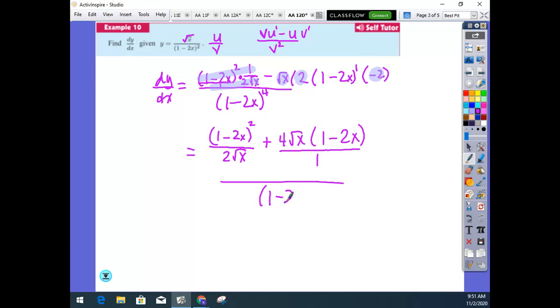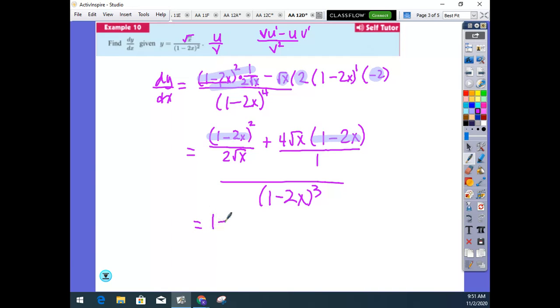All right, so there's a few different things we can do at this point. What the book does is they notice there's a GCF of 1 minus 2x on the top, and they factor it out. That's really kind of the easiest if you understand that.